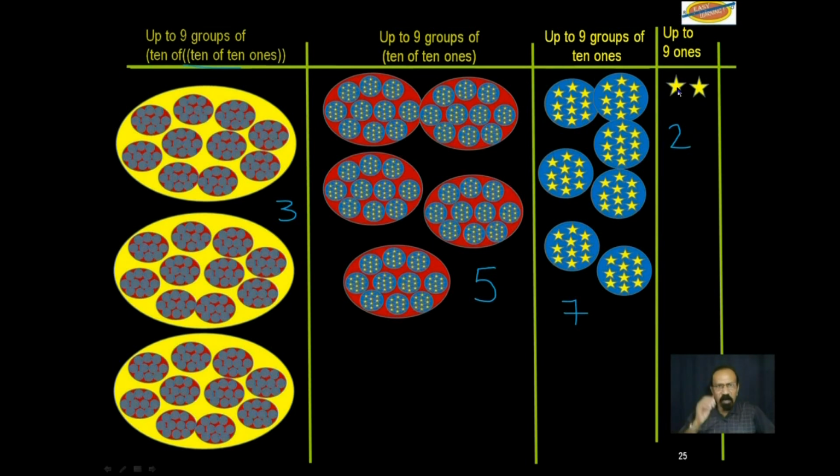So the number of stars we really have here would be 3,500, 70, and 2. So we say 3,572. That is three groups of 1,000 each, five groups of 100 each, seven groups of 10 each, and two stars.